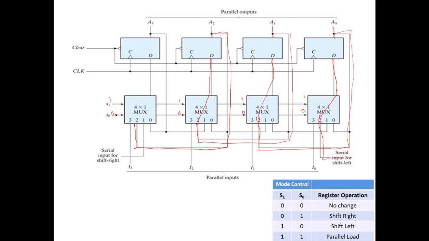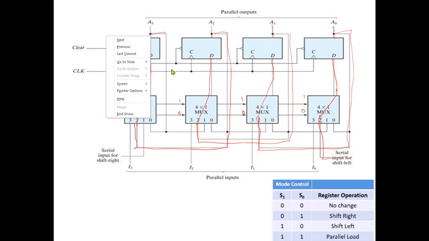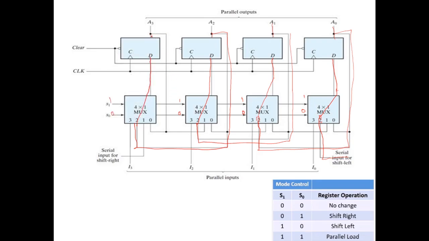Due to the selecting inputs 1 0, this data input appears at D, and this is the output. This is the left shift register output. That is, it is shifting the input from the right side to the left side. That is the shift left operation.